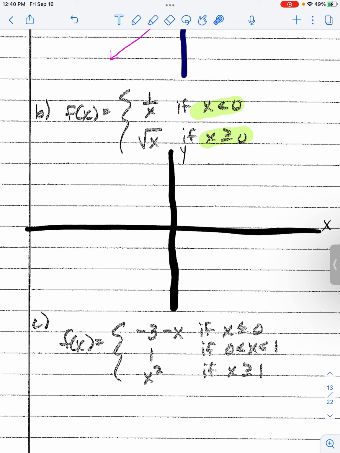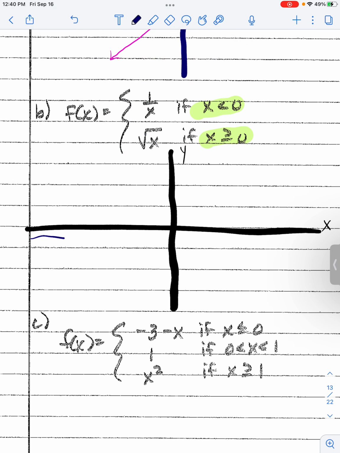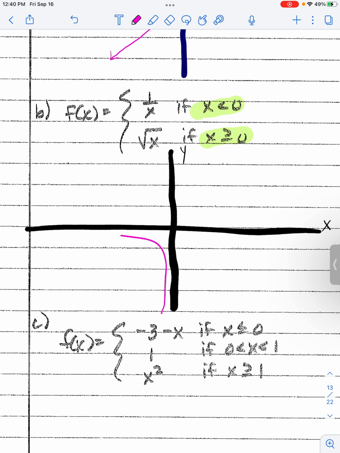If x is less than 0, it looks like the reciprocal function. Let me do pink. It looks like the reciprocal function if x is less than 0. If x is greater than 0, to the right of the y-axis, it looks like the square root function.